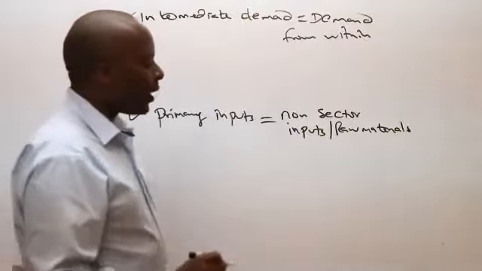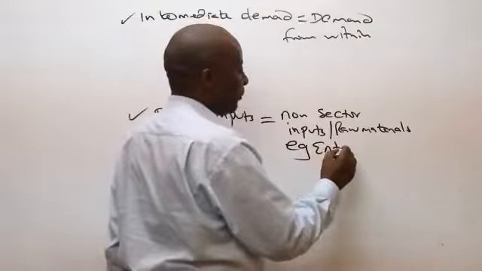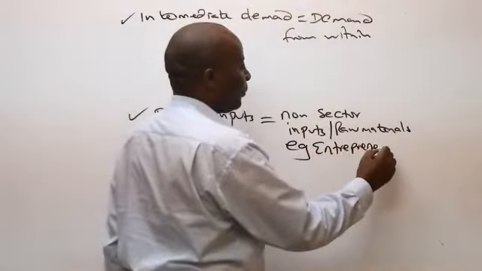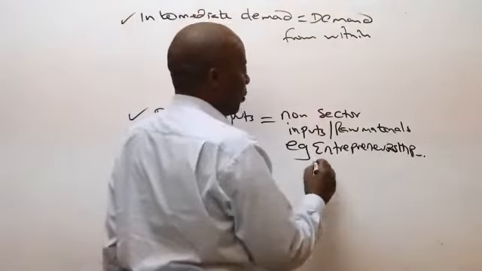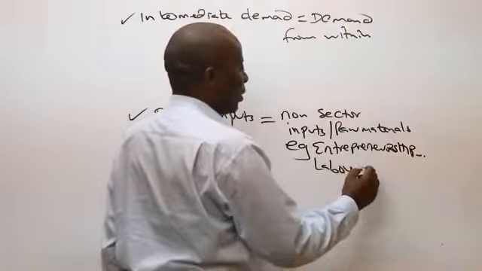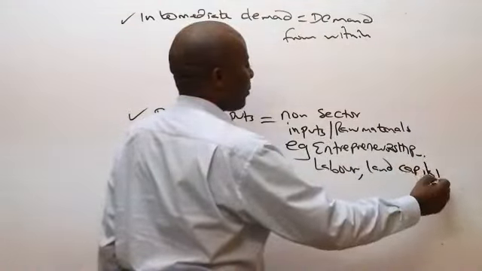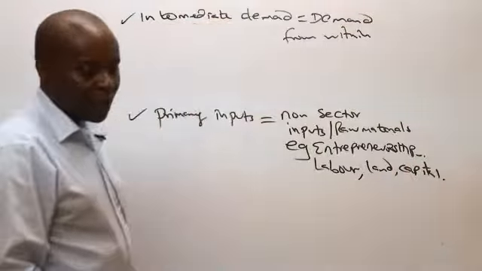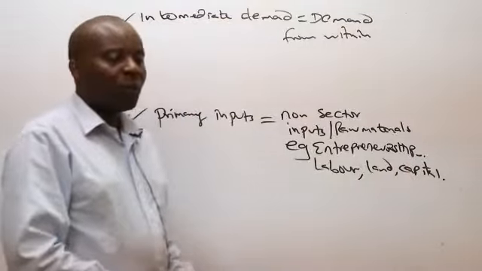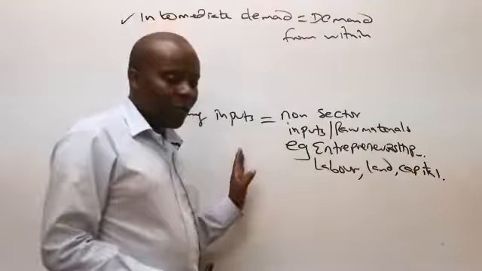A very good example will be entrepreneurship. We have labor, land, capital. There is no sector that produces these things, so we lump them together under what we call the primary inputs.